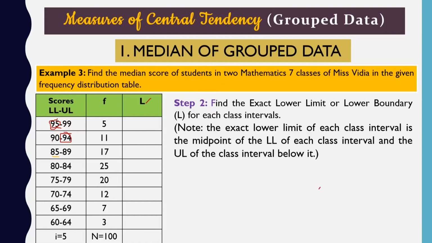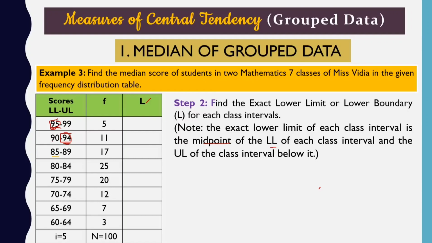We get the average of the lower limit of the upper interval and the upper limit of the lower interval. It says there, the exact lower limit of each class interval is the midpoint of the lower limit of each class interval and the upper limit of the class interval below it.